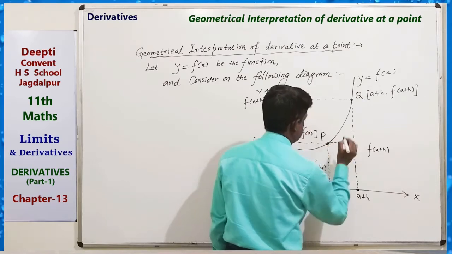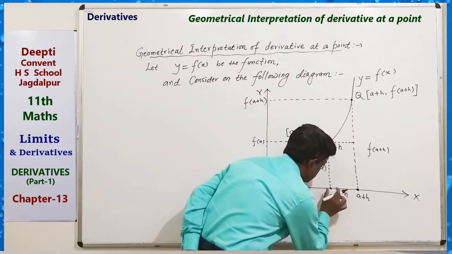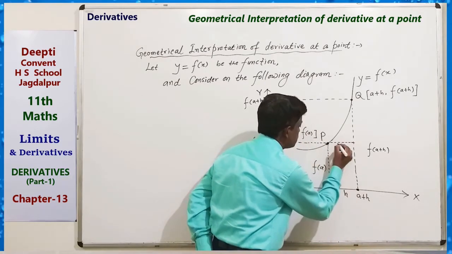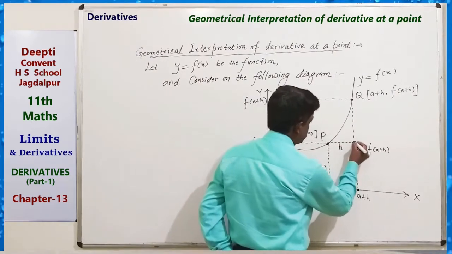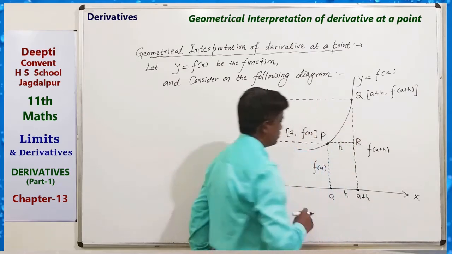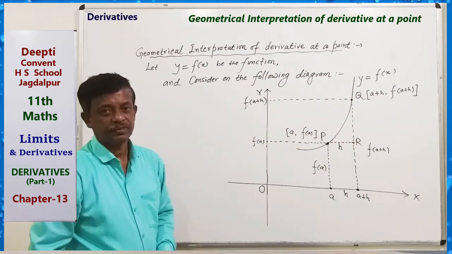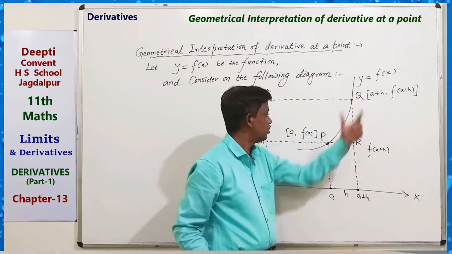This value is what? h, because this is h increment. So this is also h. Clear? Now suppose this is PQR. This is R. Okay, because this is a curve, these are corresponding points.